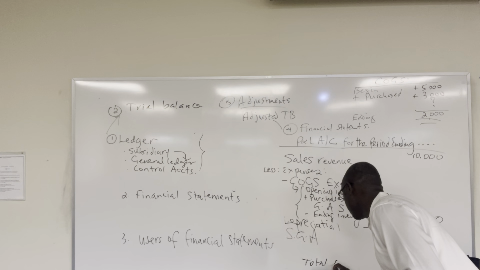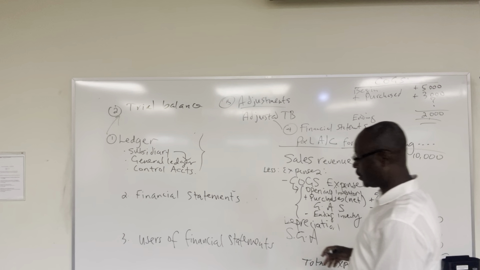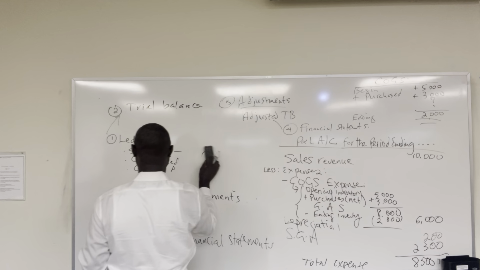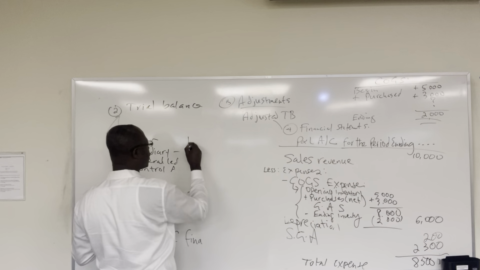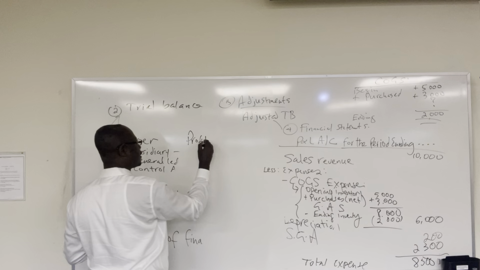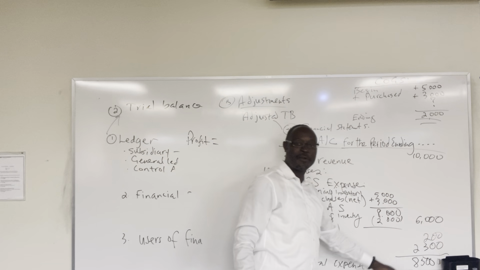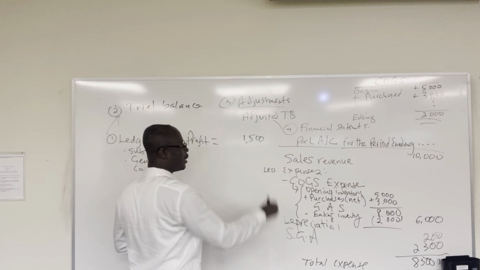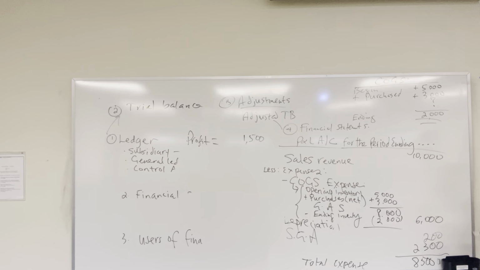And then, just for the sake of space, I'm going to come to this side and then say, okay, what is my profit? My profit is 10,000 minus 8,500, which is 1,500. Now, some people would like to do an intermediate step, which is to calculate what we call the gross profit.